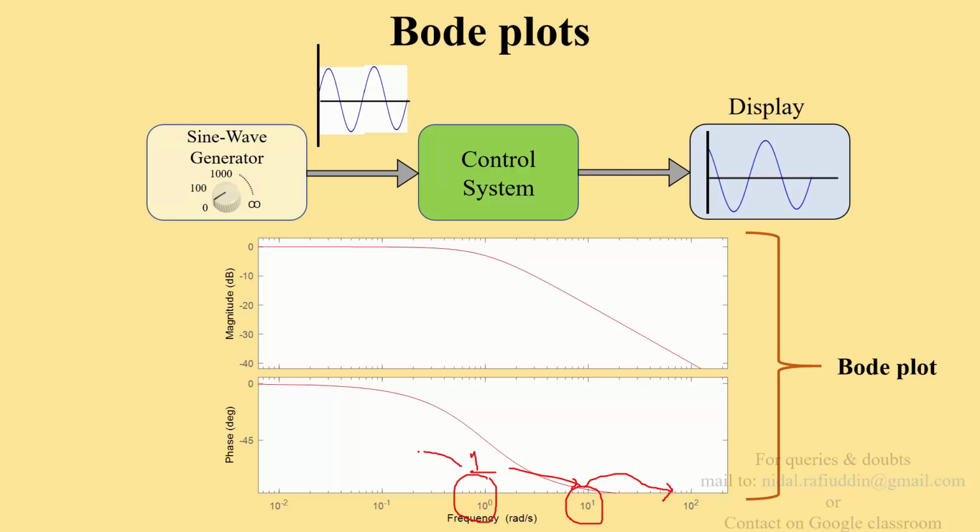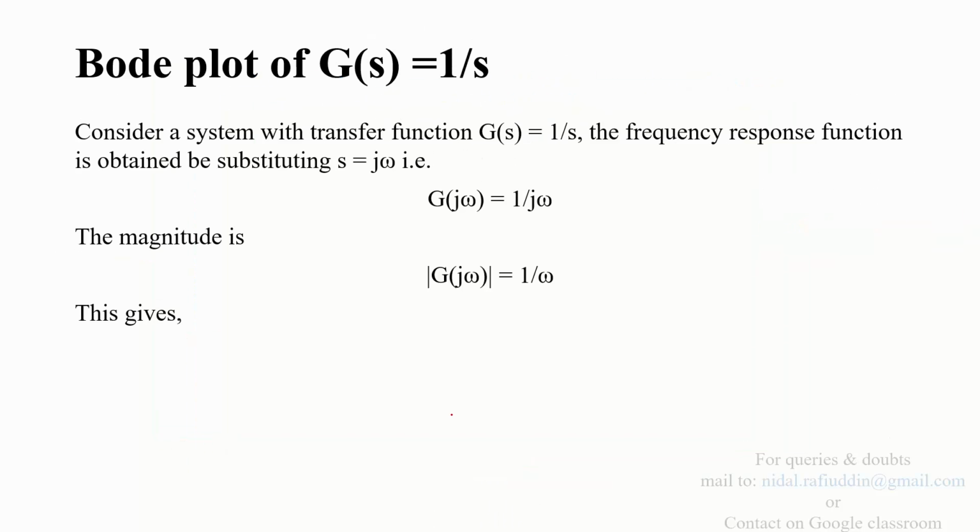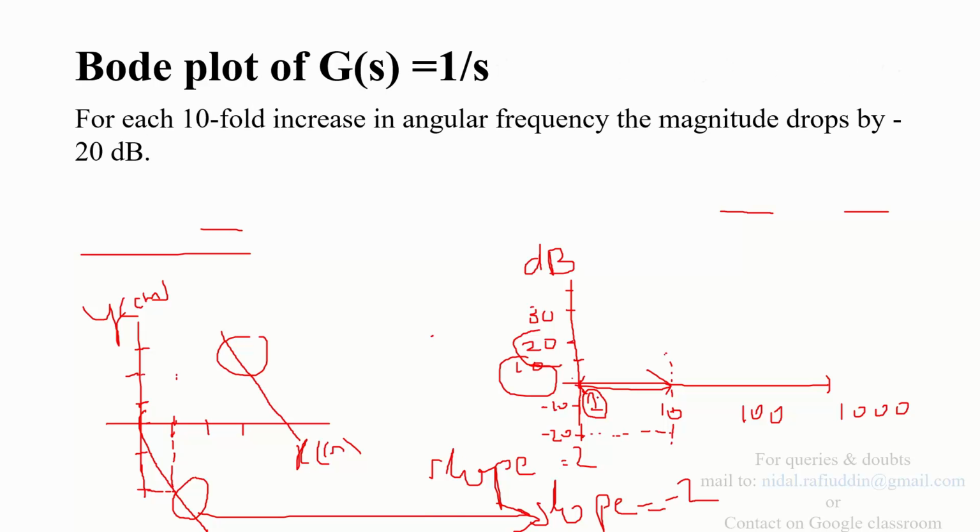But before this 1 you will have 0.1, and before 0.1 you will have 0.01. So you won't get any 0 on the x-axis whenever you have the axis represented in log form. So this is what we mean by having 1 on the x-axis at the origin.